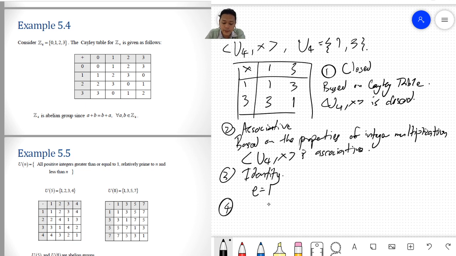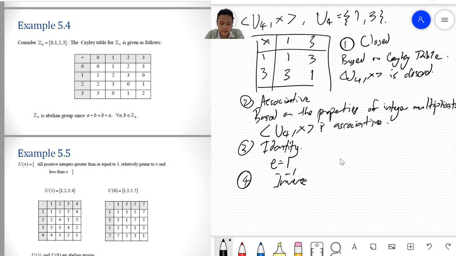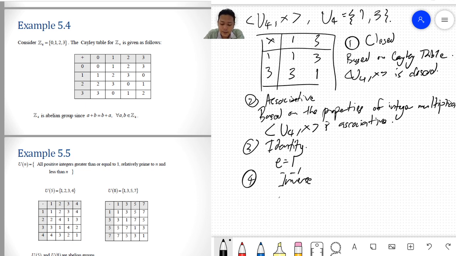For the inverse, what is 1 inverse? One inverse is such that you get back 1. One binary operation with the inverse, you get back 1.